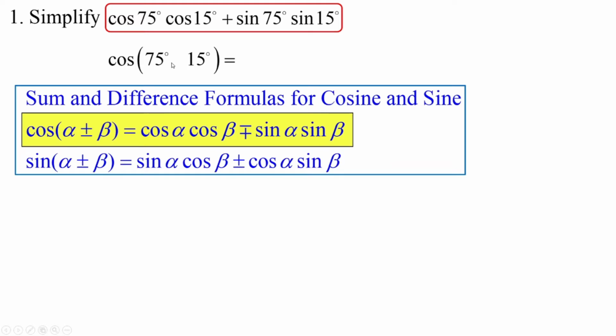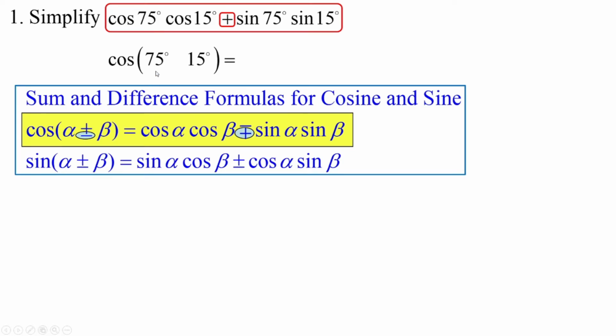Now, is this going to be a plus or a minus? And look at the notation. Plus, minus, and over here I have a minus, plus. So if this is a plus, that means this would have to be a minus right there. I'm going to highlight those. So if I have a plus here, I'm going to have a minus there.